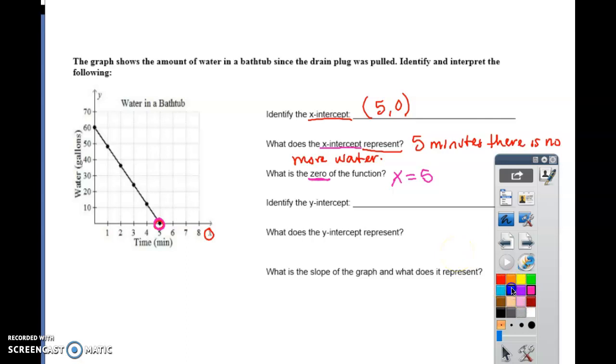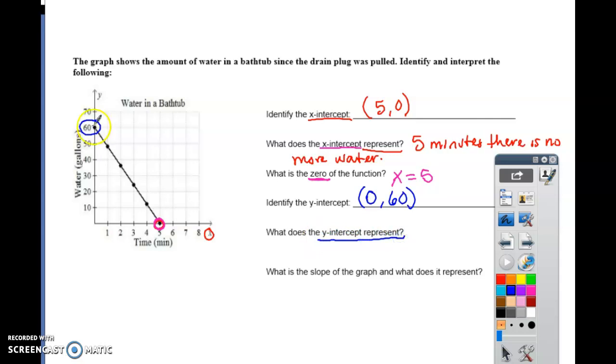Now, what about the y-intercept? Where is the y-intercept on this graph? The y-intercept on the graph. 60, circle it. Right? So that's at 0, 60. What does that represent? What happened then?